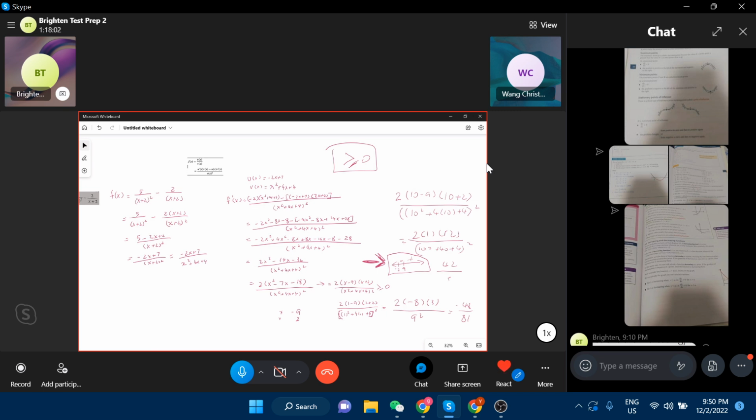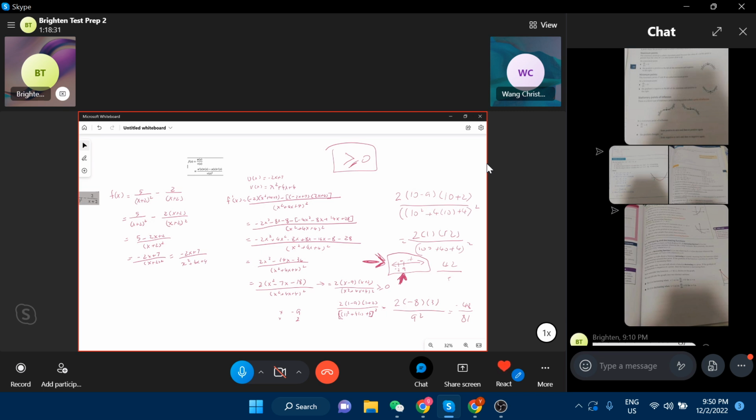Okay, so now I found the roots. The roots I found were -2 and 9, which is here. I'm highlighting it for you. I put it on the number line. Now, greater than or equal to 0 will include anything after 0. So I chose two numbers. I chose 1, which is greater than 0, and I chose 10, which is on the other side of 9.